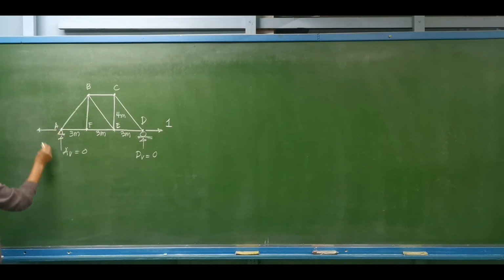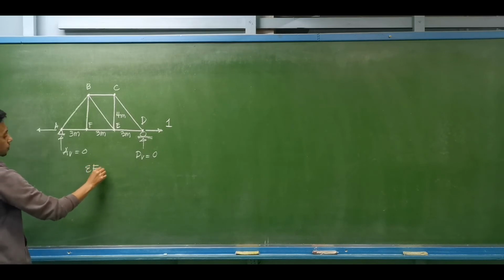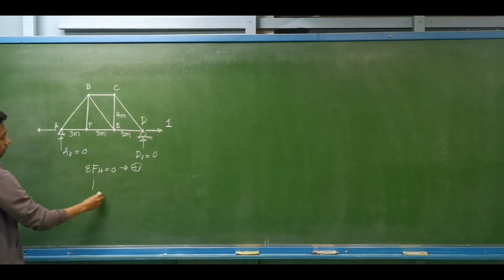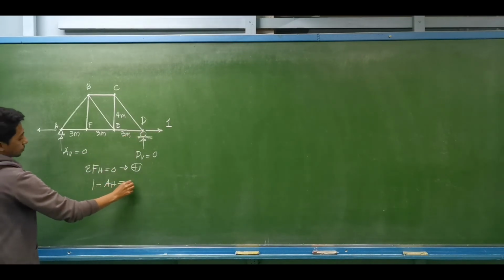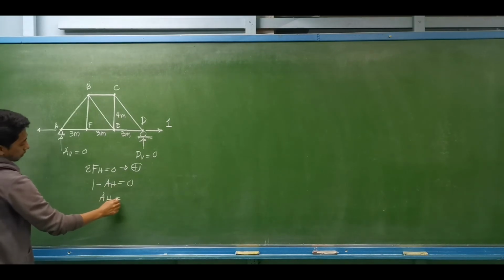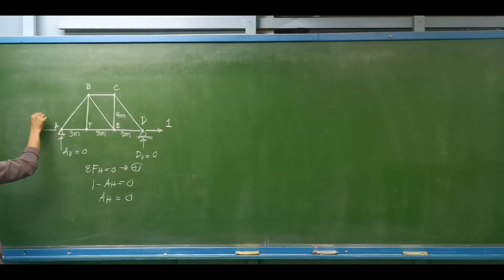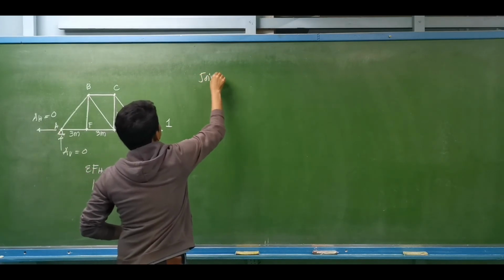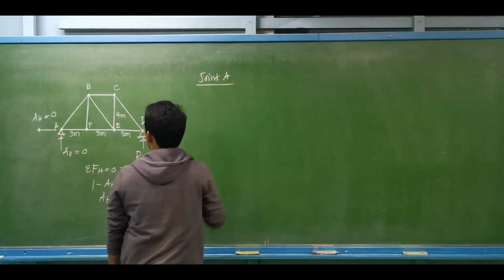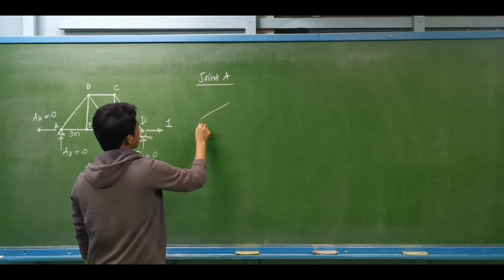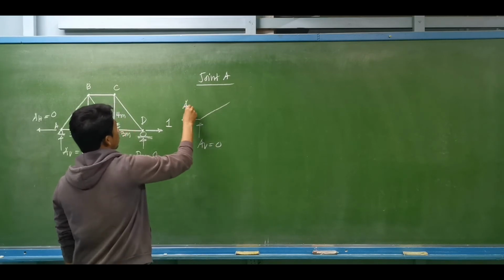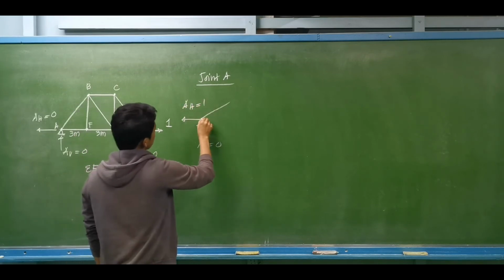What will be the horizontal reaction at A? Summation of forces horizontal equal to 0, to the right forces to be positive. That is the 1 unit load minus the A horizontal equal to 0. Obviously, we have AH equal to 0. If we are to analyze the entire truss, starting at joint A, since A vertical is equal to 0, the A horizontal is equal to 1 unit.